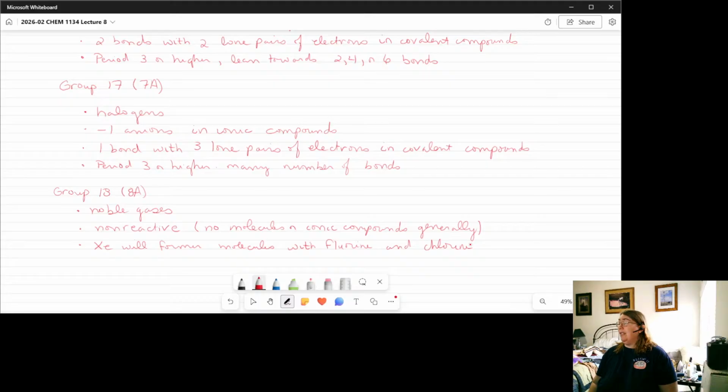The reason why is xenon is huge. So it has a lot of electrons, so it doesn't have a problem sharing a couple of those electrons with other things to form a covalently bonded molecule, especially with things that really want an electron. The other noble gases will not.